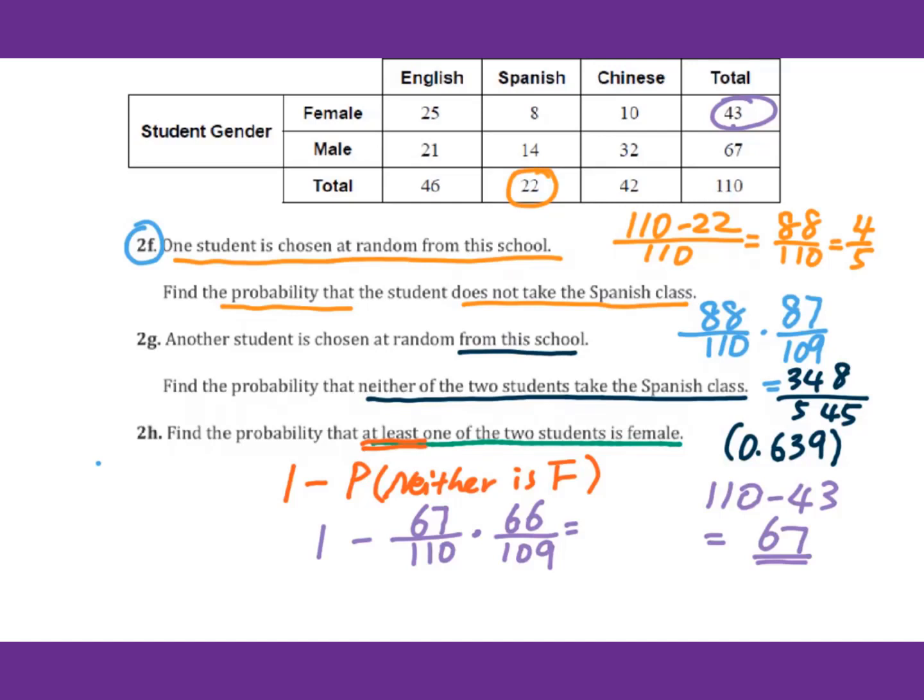Your answer will be 344 over 545. If you want to change it into a decimal, make sure it is 3 significant figures. That will be 0.631. But normally, when you do operations with fractions, try to make your solution a fraction too.